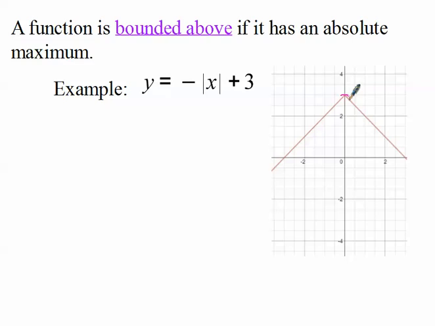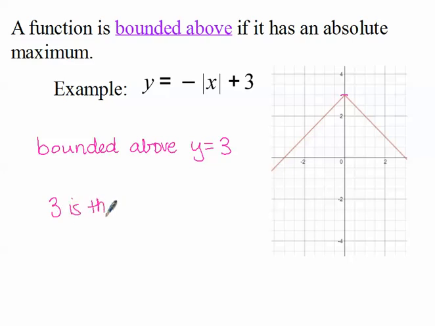So here we would write that it is bounded above y equals 3. Another way to state that is to say that 3 is the upper bound. Lower bound for bounded below, and upper bound for bounded above.